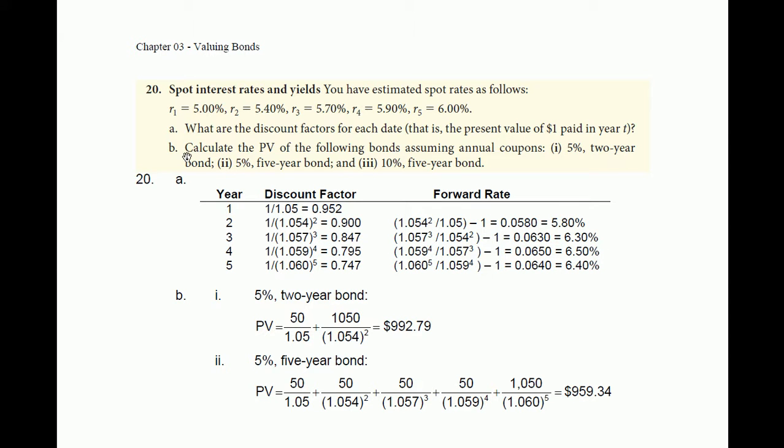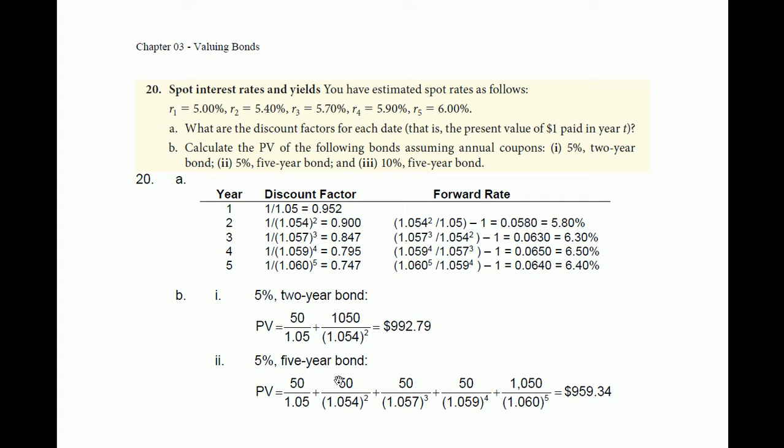Question B. Calculate the present value of the following bonds assuming annual coupons. 1. 5% 2-year bond, and 2. 5% 5-year bond. So using the same calculation as in the previous problem, we can see that this is the coupon, the repayment, and the last year's coupon and discount factor.